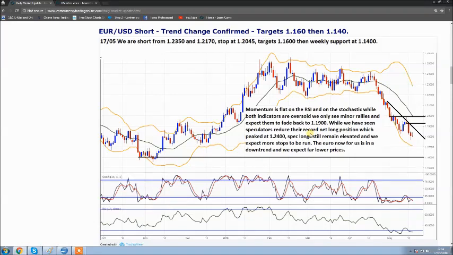This has been a COT generated trade for us. And what you have is when you see the price move up here, you get speculators move to a record net long position in the euro, yet they can't take out 124. So it's a bullish extreme.